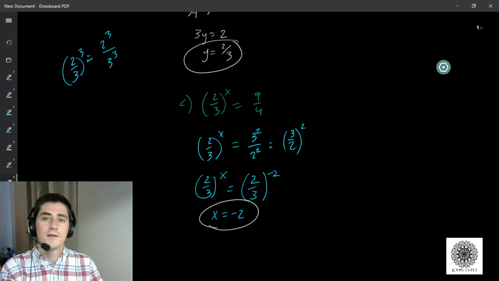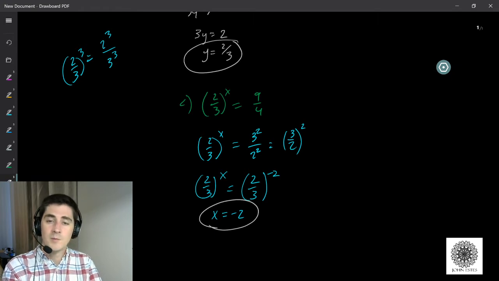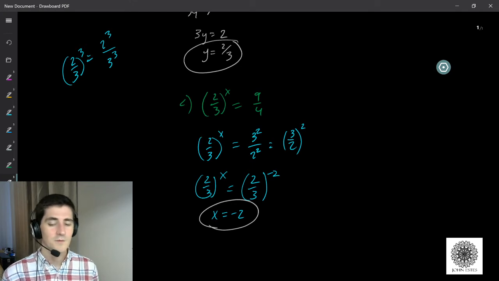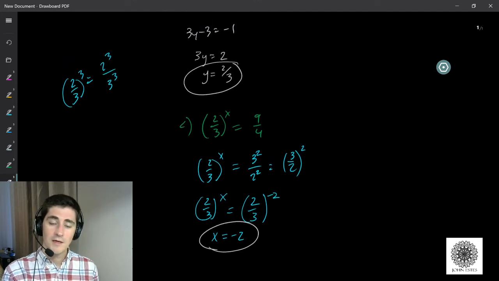Equating common bases is the best, or the first strategy we apply to exponential equations. Sometimes you can't do that, and if you can't do that, you need something called a logarithm. Now, I wish we had time in our class to cover logarithms. It's very, very useful. Unfortunately, we're out of time, but equating bases is still a very helpful technique.